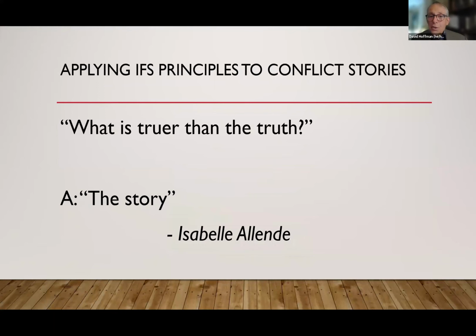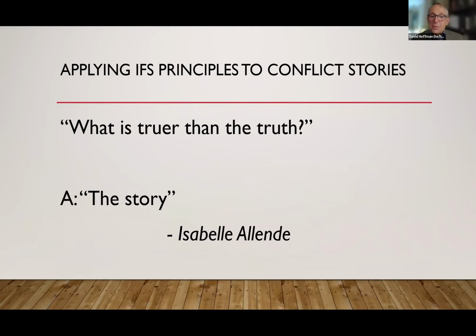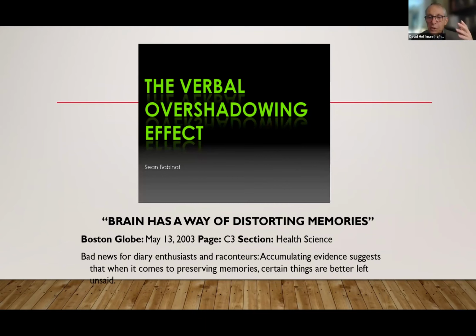Now, applying this to conflict stories, I use a question that Ken Cloke once asked and Isabel Allende asked: what is truer than the truth? And that's the story. So I'm going to summarize some of this parts framework in trying to understand why stories, particularly conflict stories, are truer than the truth. Part of it's because of verbal overshadowing.